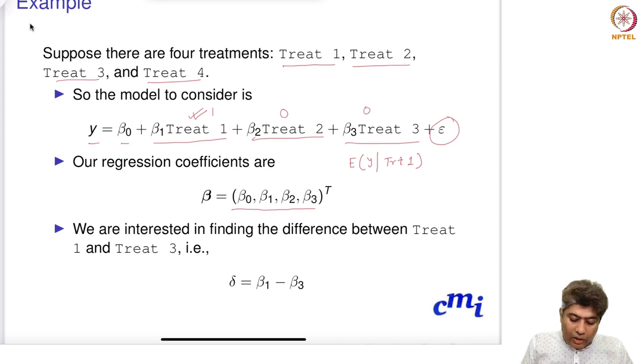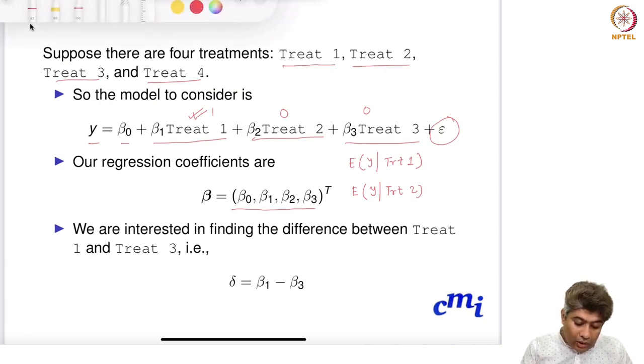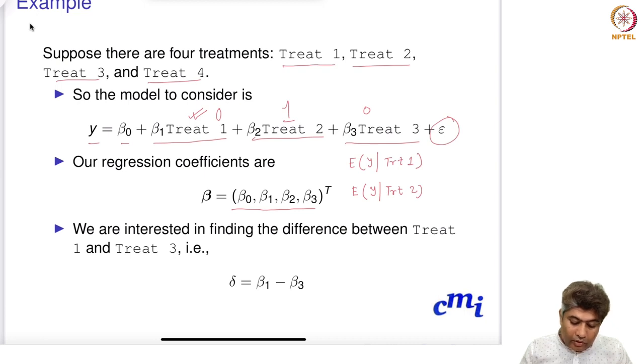Now if I need to calculate the expected value of y for treatment 2, I will make treatment 1 as 0, treatment 2 as 1, and treatment 3 will be 0. So the solution will be beta naught plus beta 2. And in the treatment 1 case, it will be beta naught plus beta 1.